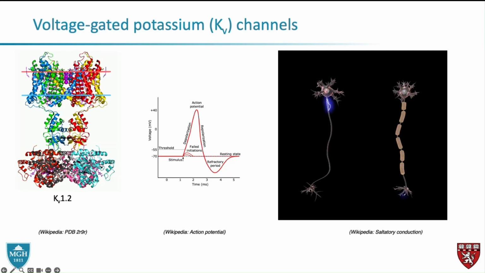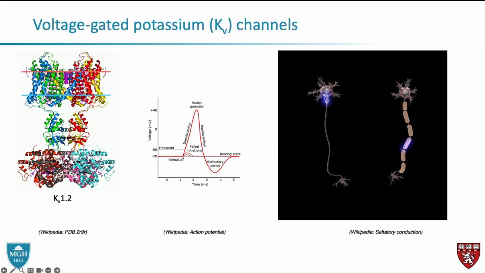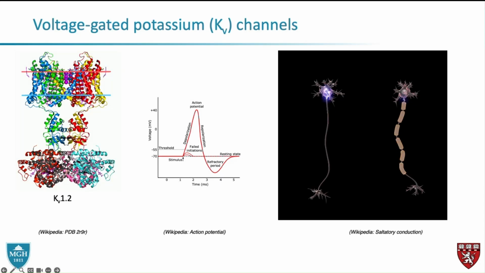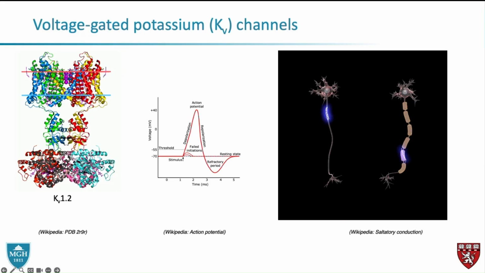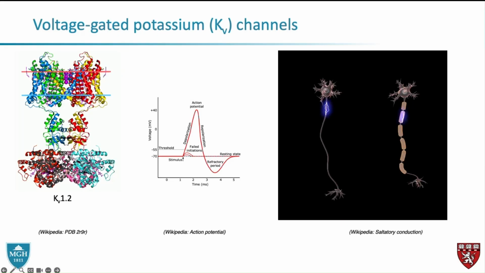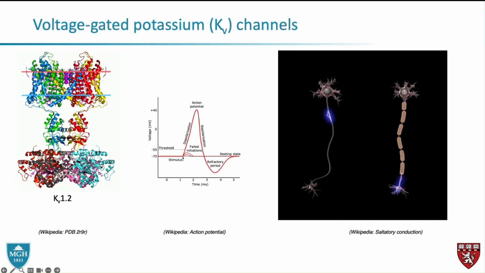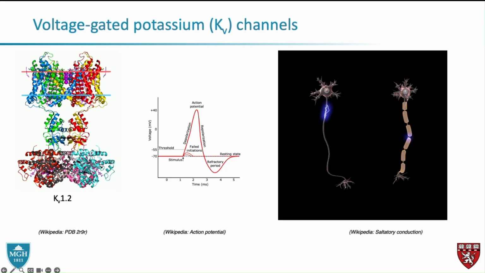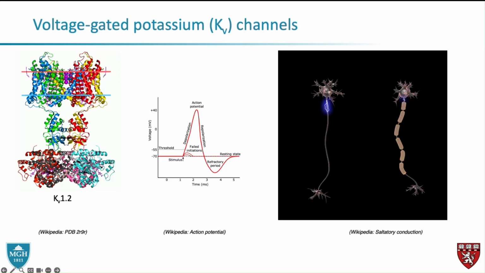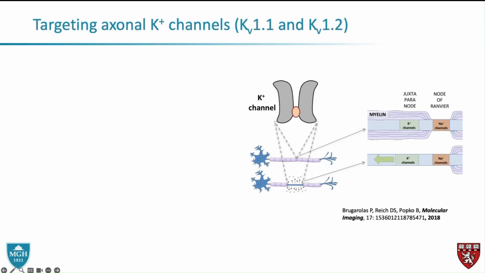On normal unmyelinated axons, you have potassium and sodium channels throughout the whole axon, and they're working in tandem. Sodium channels open, potassium channels open, and that propagates the action potential. On myelinated axons, the sodium channels are concentrated at the node of Ranvier, and the potassium channels are flanking the node immediately underneath the myelin.